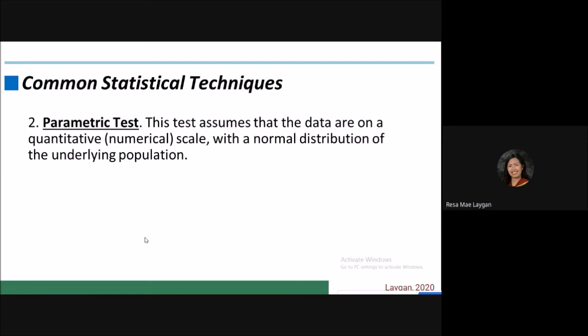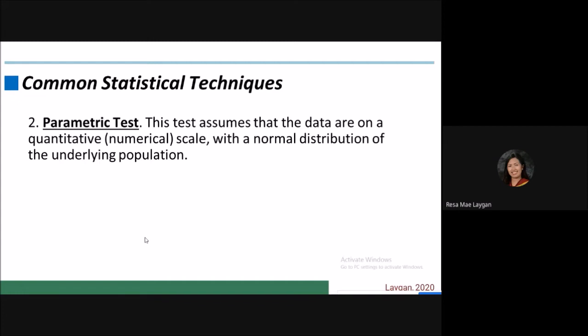What are those continuous variables? For example, we have age, because that is a continuous variable. You can have from age 1 until age 100, and so on. And also income, that is also a continuous variable, or other quantitative or numerical scale.